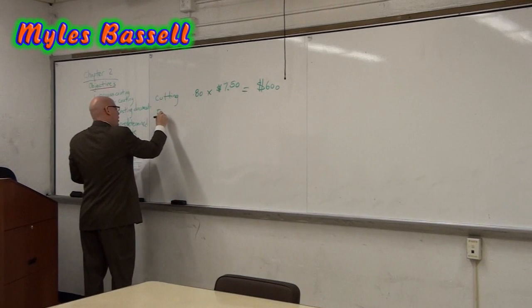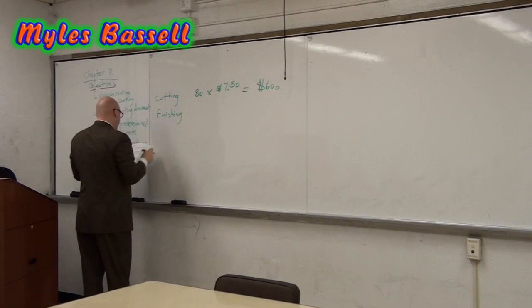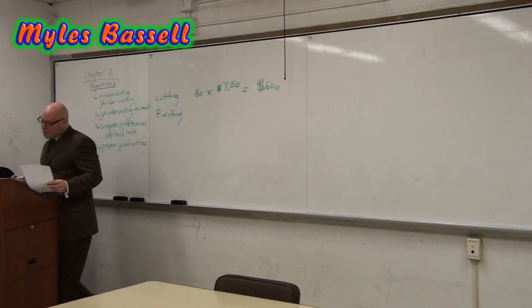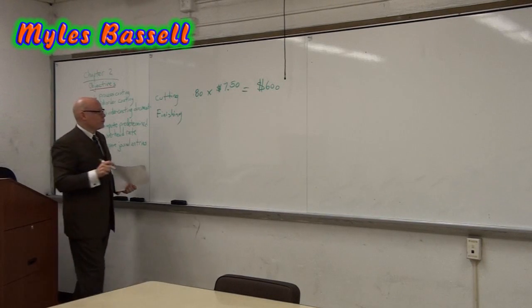And then for finishing, what is it? They tell us here that for finishing they use as their allocation base direct labor cost, which is 150.